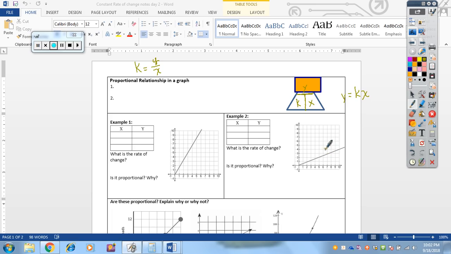So that's what we're looking at. It's all the same. K equals y divided by x and y equals k times x. It's the same. Let me erase some of this extra stuff I put. I'll just redraw this. So y goes on top, k on the left, x on the right.